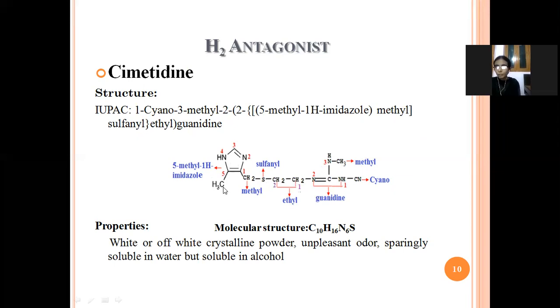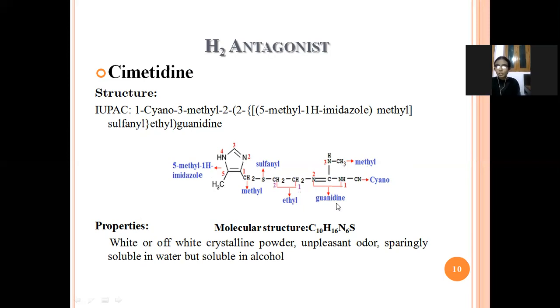In 5th position methyl, and here in the methyl, sulfonyl, and ethyl guanidine, methyl cyano. So 1 cyano, 3 methyl, 2, and 5 methyl imidazole and methyl sulfonyl guanidine.